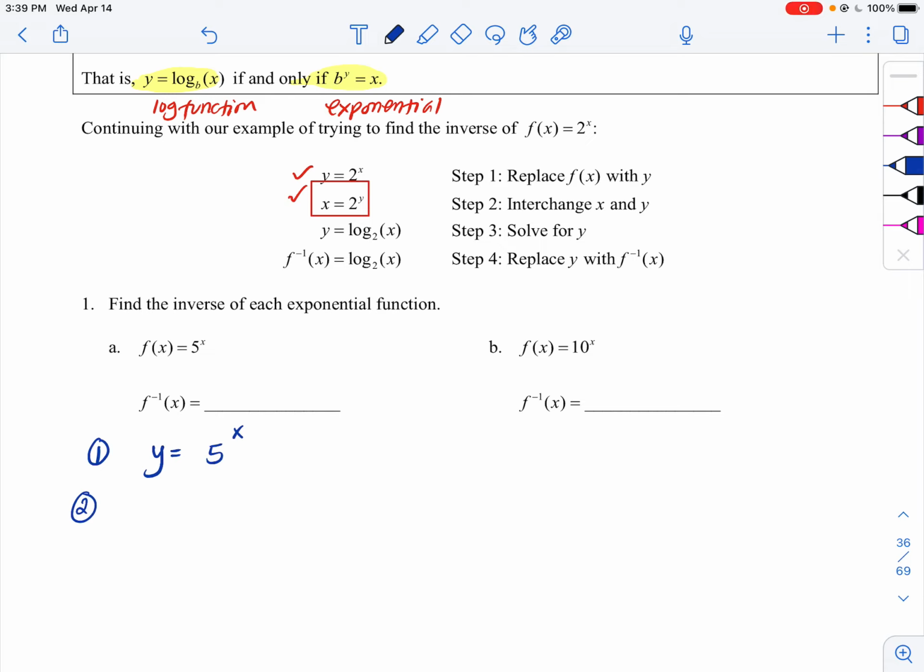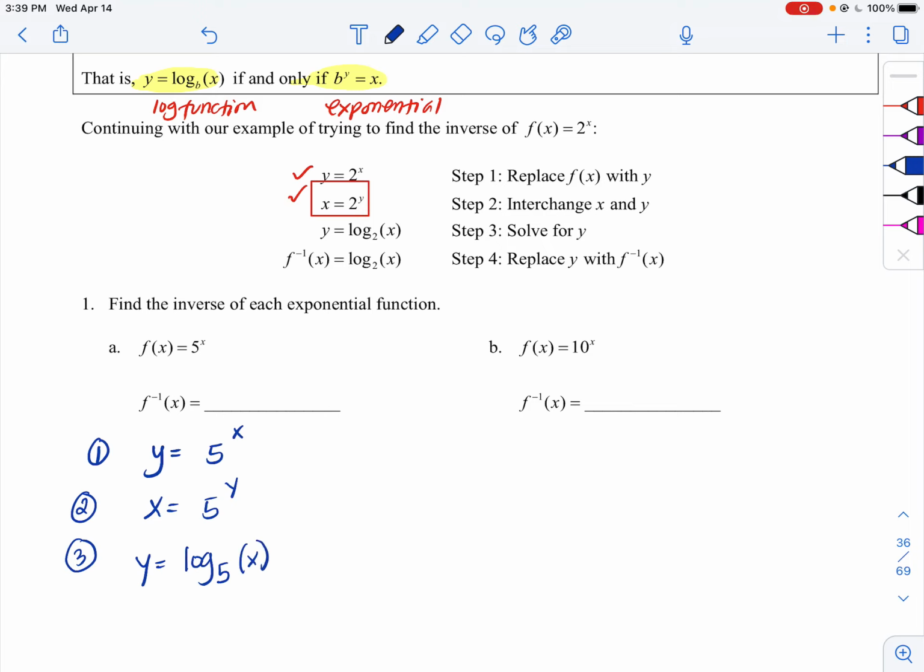Step 2, we are going to interchange x and y. So this is x equals 5 to the power of y. Step 3, we are solving for y using the log function. So this is y equals log with a base of 5 of x.